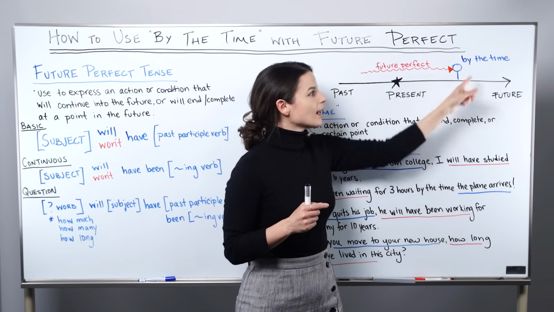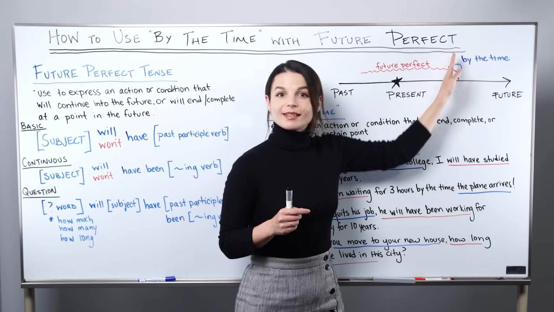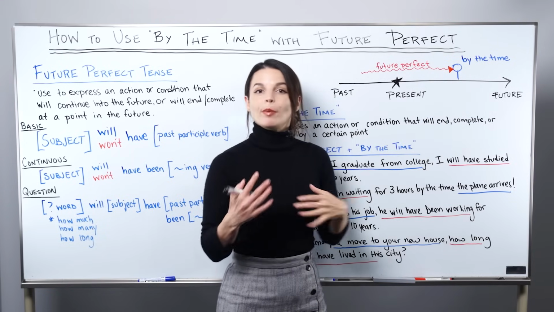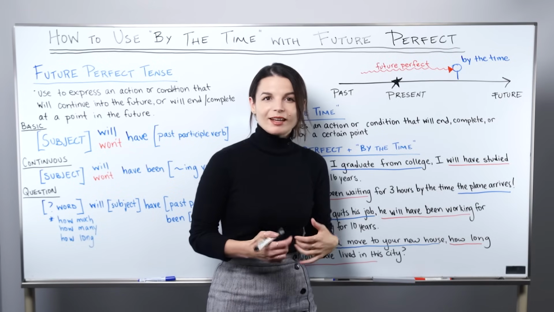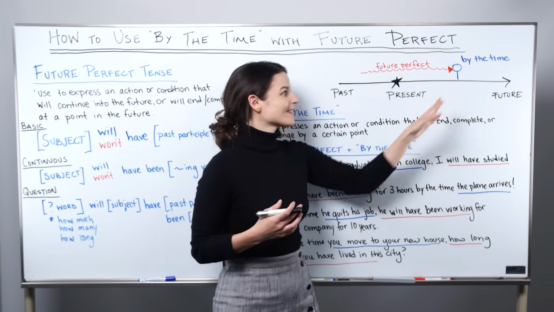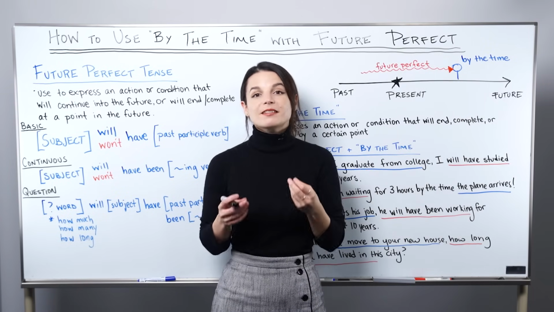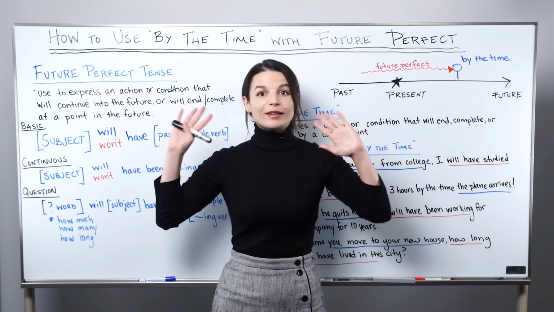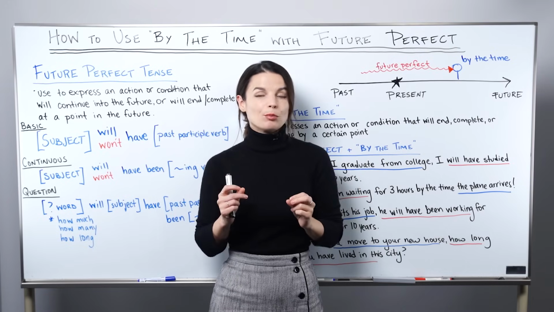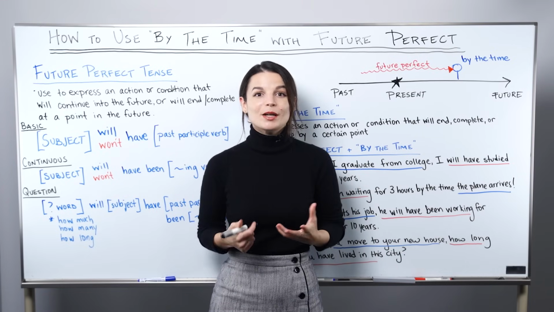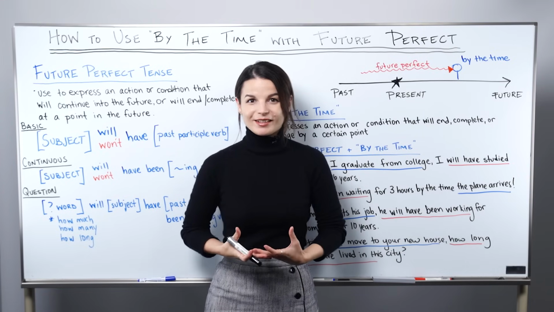So this by the time point marks something of significance, yeah? Depending on what we want to communicate, there can be lots of different things that by the time tells us, okay? So let's look at some examples of these two points together and see why they're important and how we can use them to talk about our future plans.